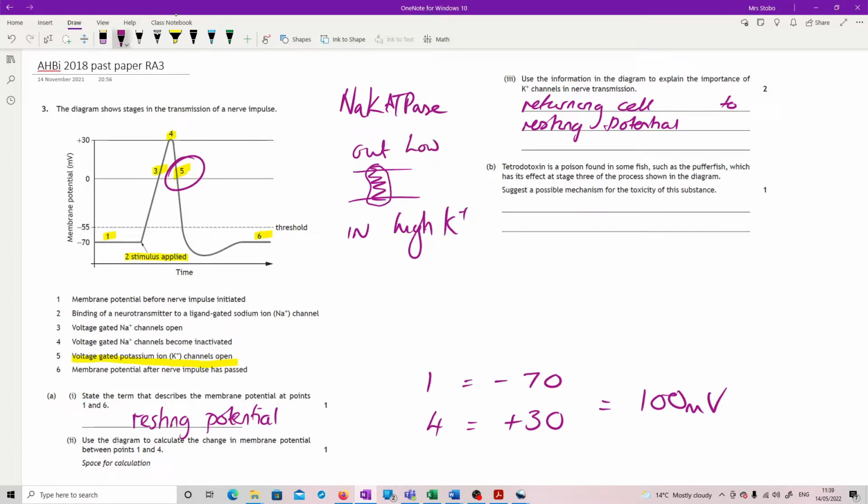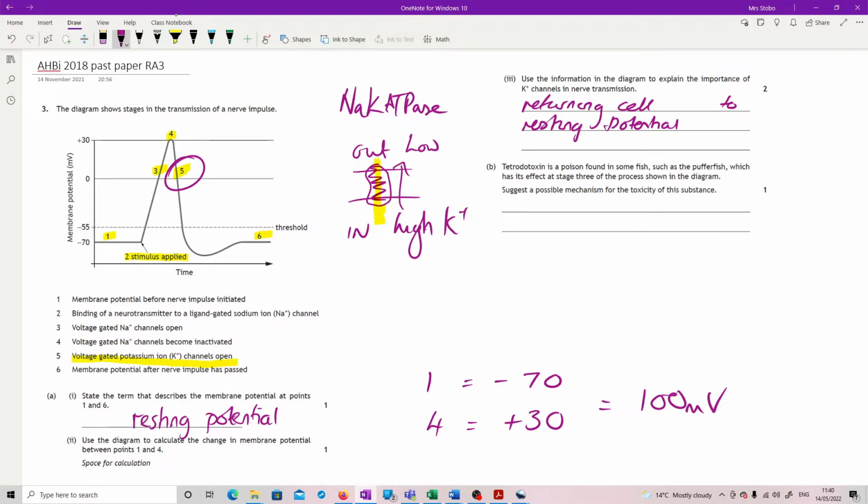As soon as I open up this gate and we have a passage through here, I'm going to get potassium ions flowing out through this, and that is going to reset it. So that's your second mark, or your first mark, depending on how you did that. The high potassium inside, when the gates are opened, flows out, changing the charge inside the cell, returning it to its resting potential.